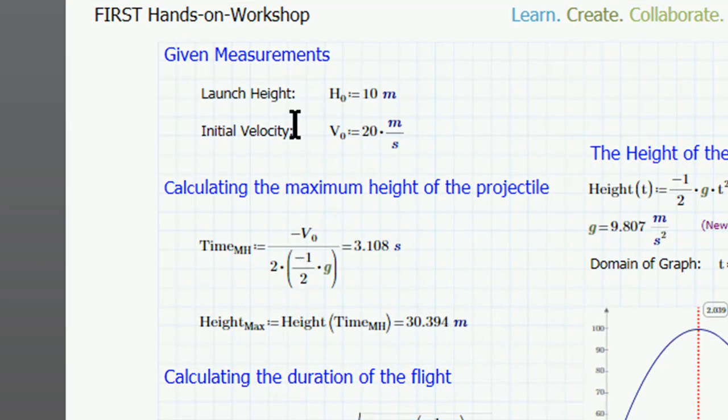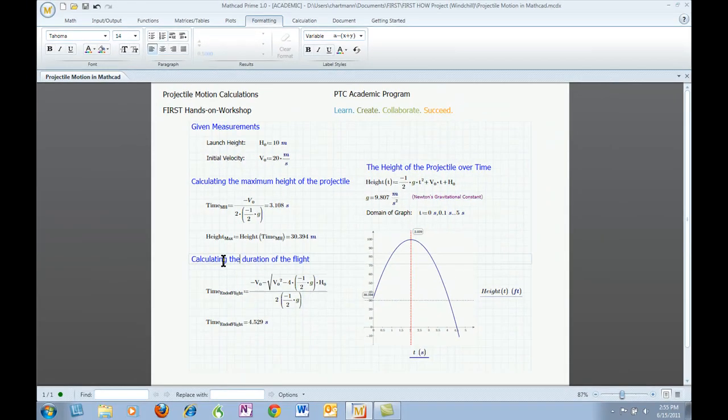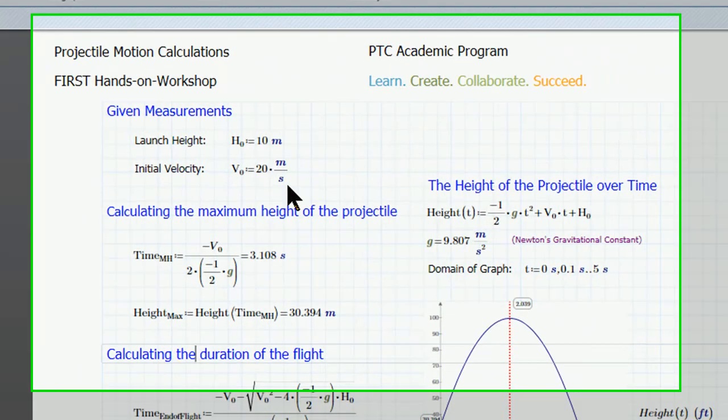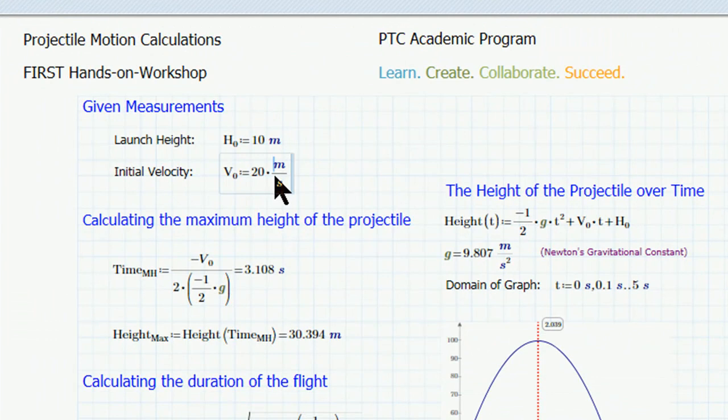A MathCAD document can contain text regions, like given measurements, and calculating the duration of the flight. MathCAD worksheets also offer mathematical regions, like the assignment of the initial velocity to the variable v0, the definition of the function height, and the evaluation of Newton's gravitational constant g, a predefined constant in MathCAD.